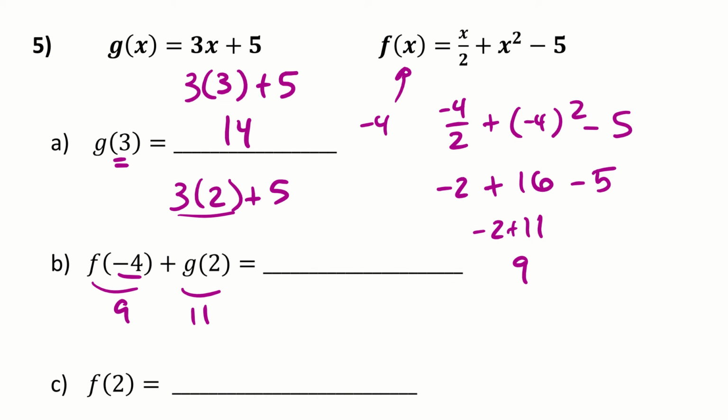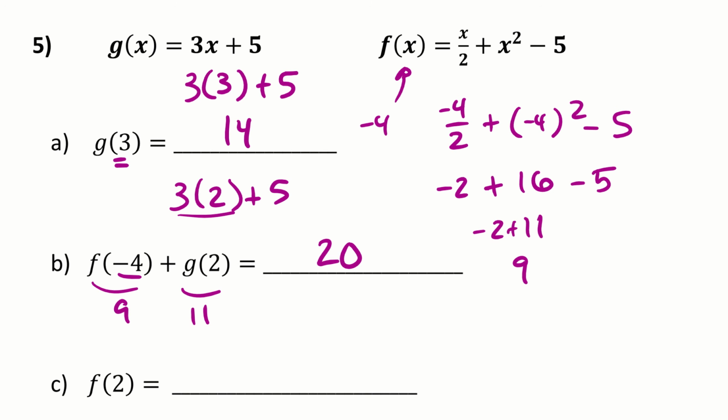So I think I get the number 9 here. And if I combine those two things, I think I get 20. Let me double check here. Yeah, I'm definitely happy with f of -4 being positive 9. And 3 times 2 is 6, and 6 and 5 is 11. So yeah, I've got 9 plus 11, which is 20.